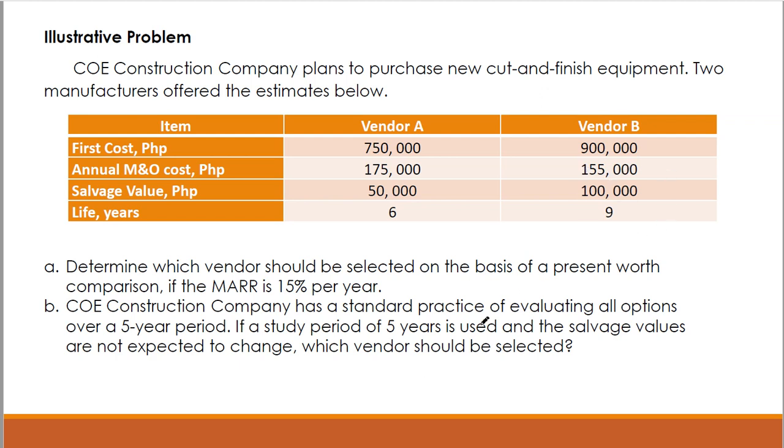So it will not change. That is our assumption. So let's solve for letter A. I think for letter A, our approach would be the least common multiple or LCM approach, and for letter B, the study period approach since the company gave a study period.